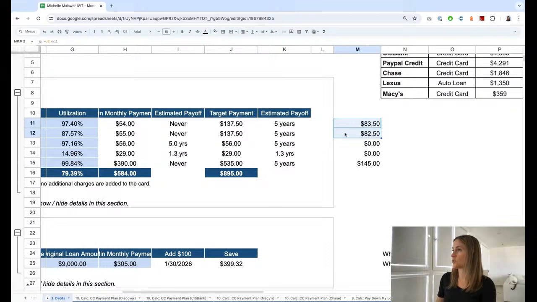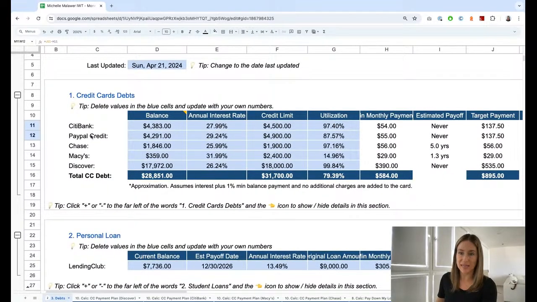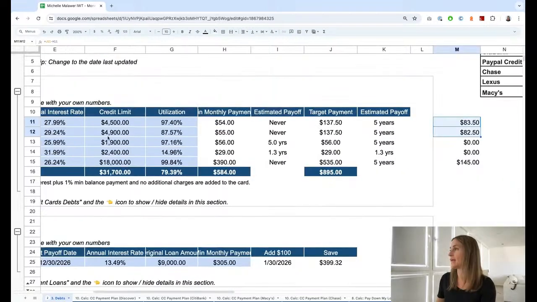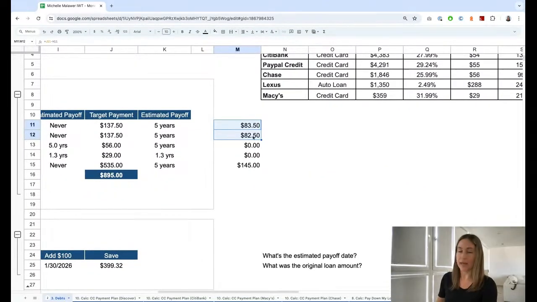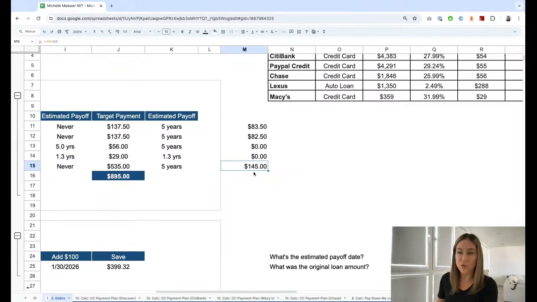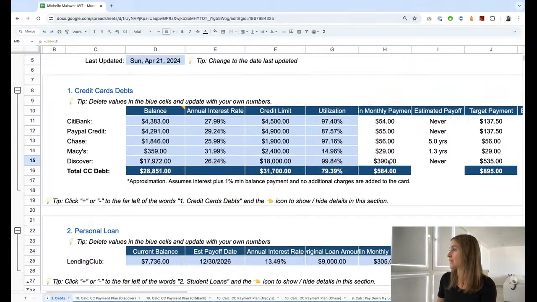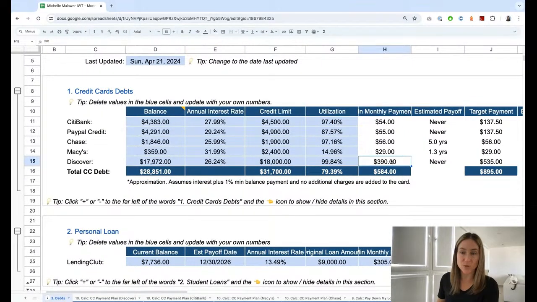And then these two up here, Citibank and PayPal, which are paying less than the interest, would require an increase of about $83. And then the Discover, an increase of $145. And $145 is the difference between never paying it off or 23 years if you added $1, which is so wild.